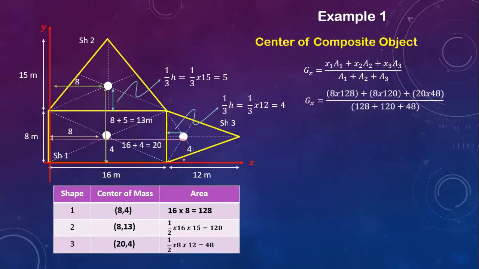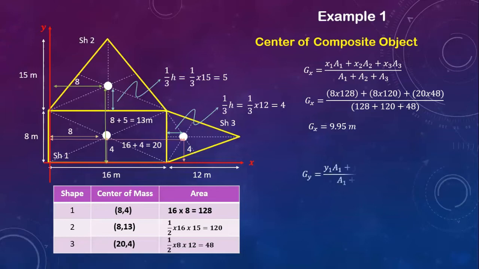For the x components, we have 8 times 128 plus 8 times 120 plus 20 times 48, divided by 128 plus 120 plus 48 meters squared. By using the calculator, we found that the center of the composite object for the x-axis is 9.9 meters. Clear, everyone?